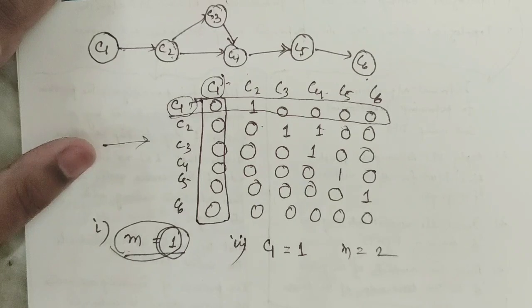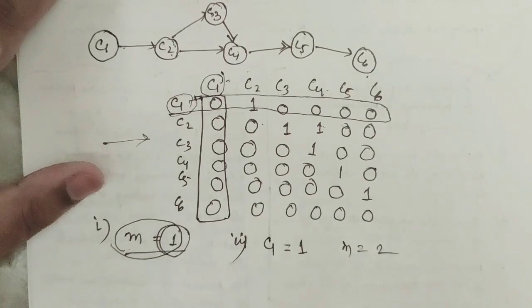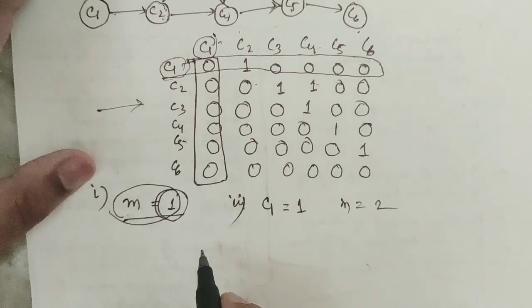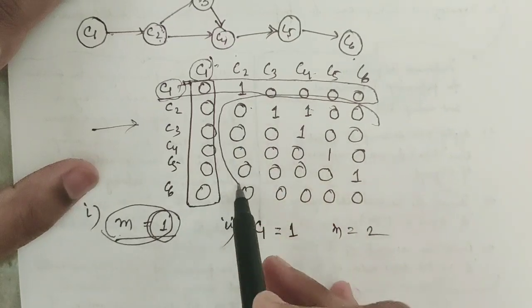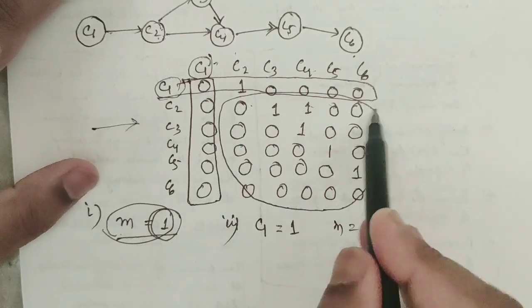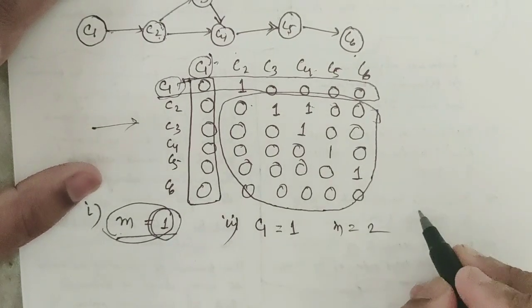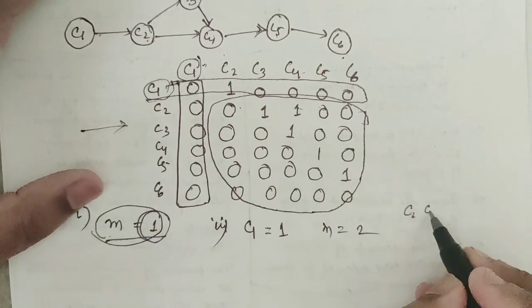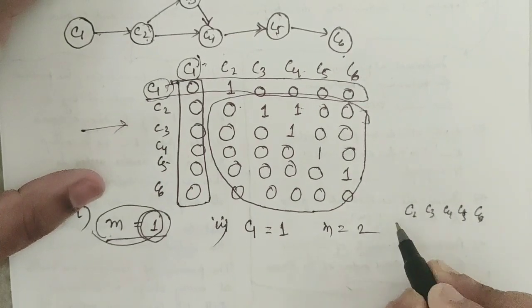After removal of the first row and first column, you have the remaining entries in the matrix. So you have only this portion: C2, C3, C4, C5 and C6.